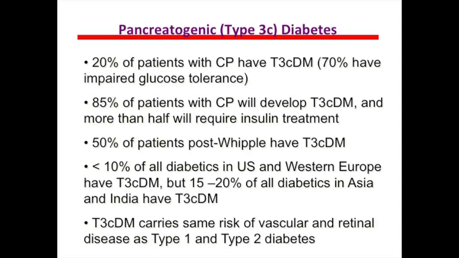Fewer than 10% of all diabetics in the US and Western Europe have type 3C, but 15 to 20% of all diabetics in Asia and the Indian subcontinent are said to have type 3C or pancreatogenic diabetes.